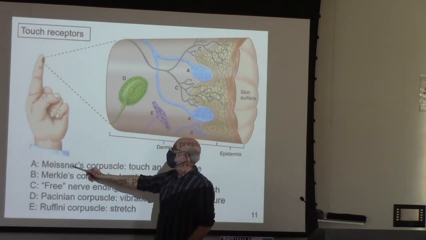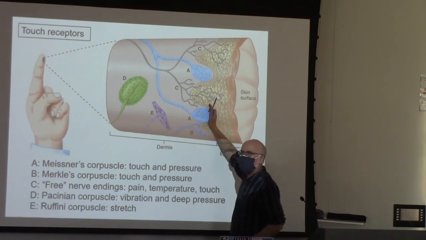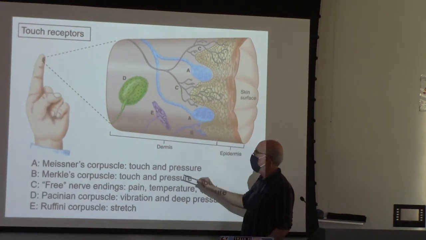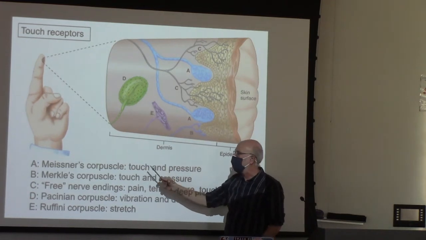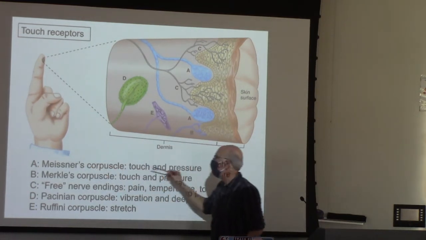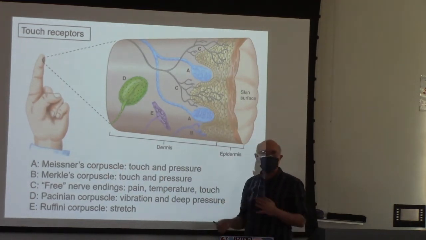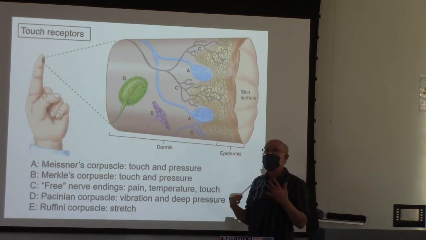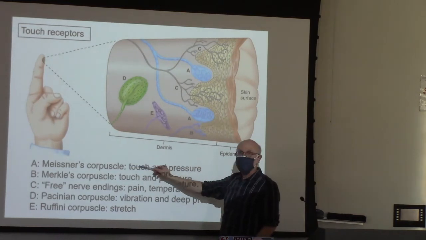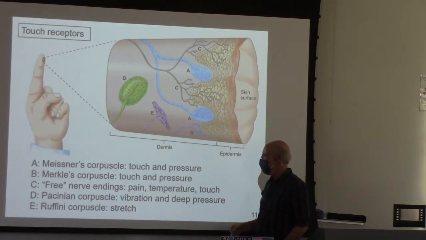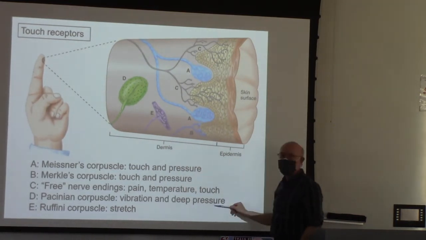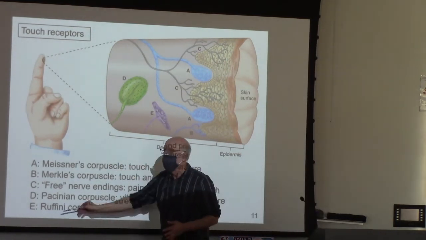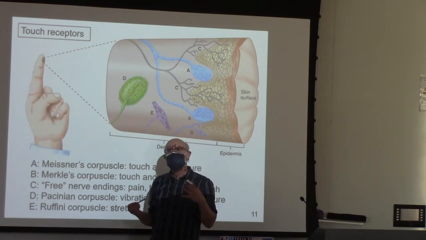There are receptors in the skin, in the subdermal layers of the skin, that are specialized for different modalities. So we have names and we have modalities. Do not memorize the names, do not memorize which modality is which, but do memorize that there are modalities for touch and pressure. There are modalities for vibration and deep pressure. So different receptors are tuned to different modalities.